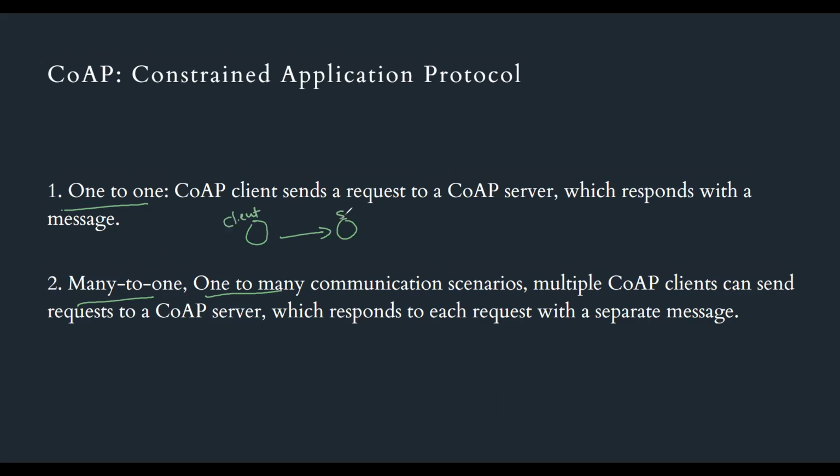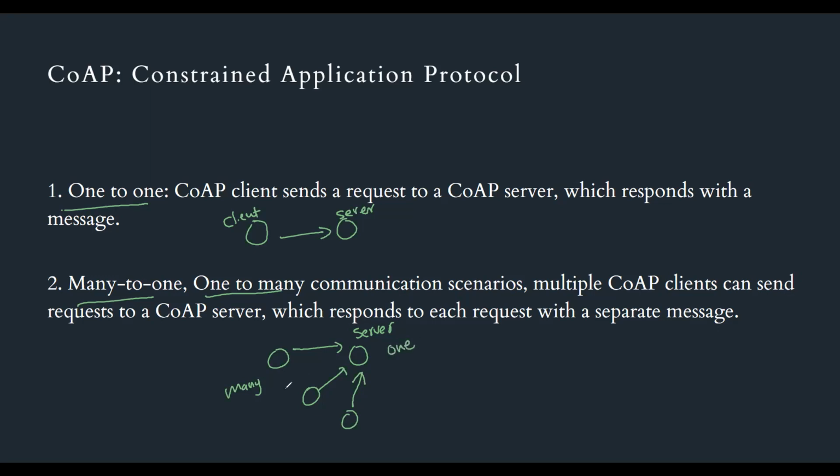But in the cases where the number of clients is increasing in the network, who are requesting certain resources from the same server, then there are many clients requesting resources or access to websites from a single server.